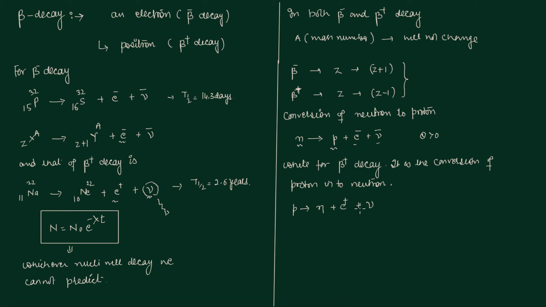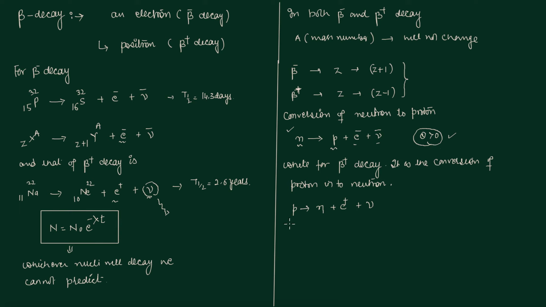Now see carefully, it is very interesting to understand that a free neutron will decay to a proton in a spontaneous way. Why? Because the Q value of the reaction is positive. If the Q value of the reaction is positive, then the process is spontaneous.